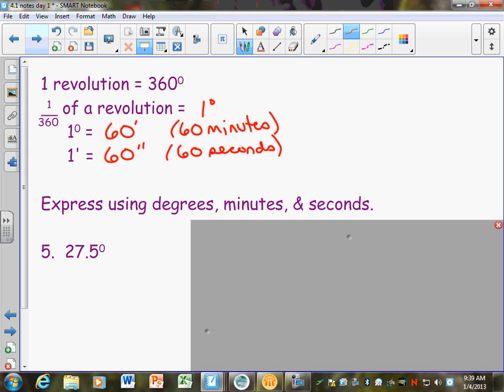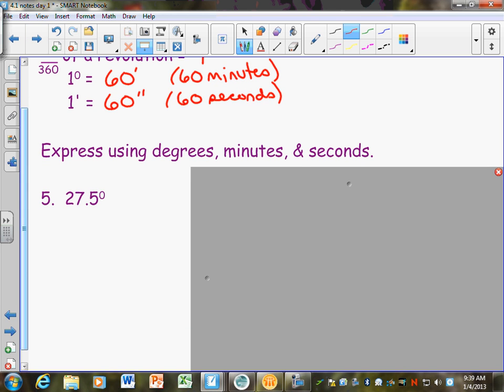So the whole part is just going to stay the degrees. 27.5 degrees, when I'm doing this, would just be the same as saying 27 degrees. The whole part, don't worry about converting it. We don't want to convert the whole part. We want to convert the decimal part.